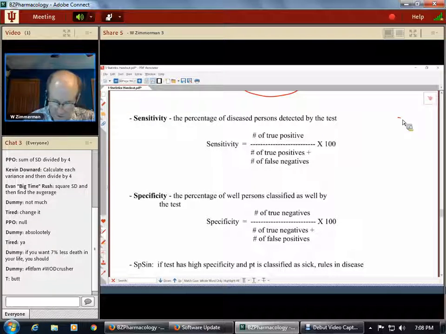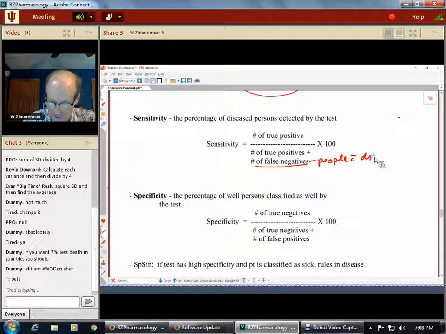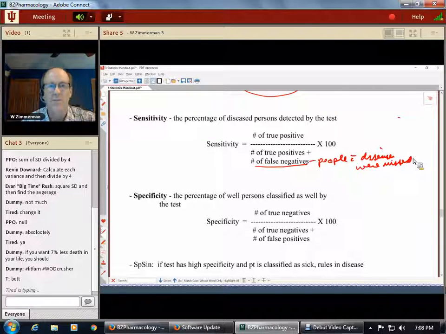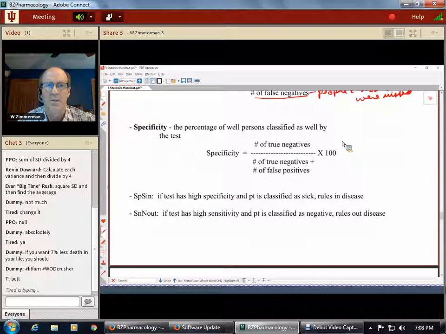And what that is: true positives over true positives plus false negatives, because these are people with the disease that were missed. Obviously, you want a test with a high sensitivity. You want 99 or 100% sensitivity. On the other hand, sensitivity is a fairly intuitive term.